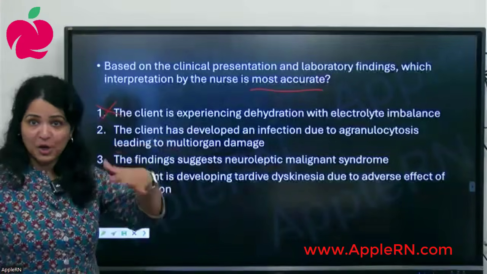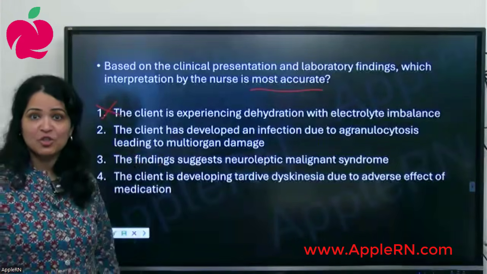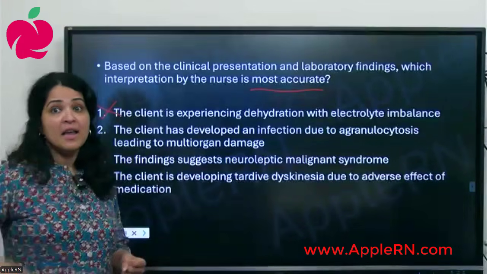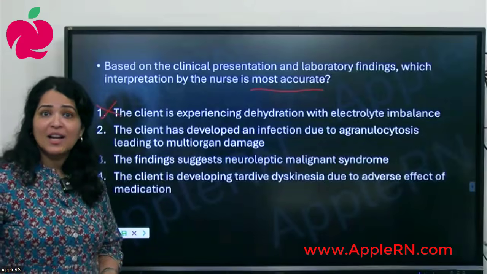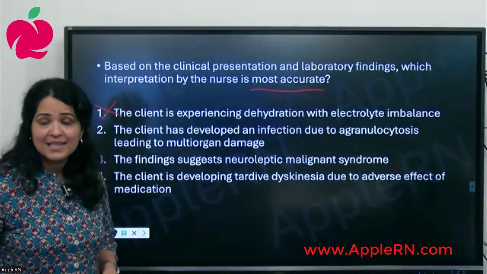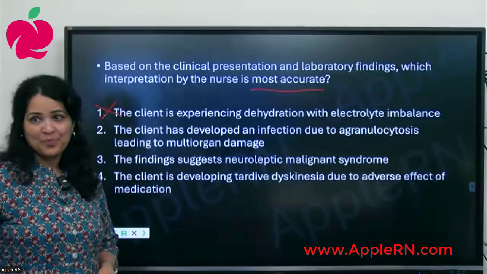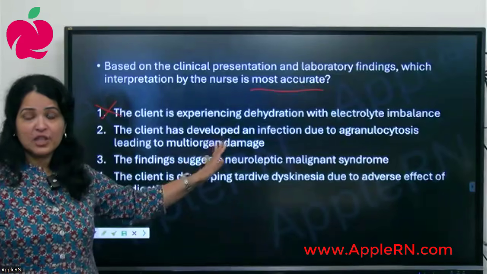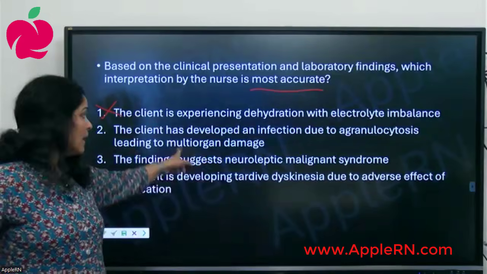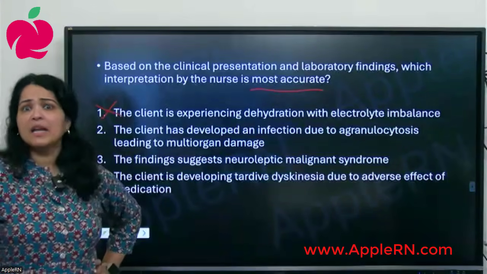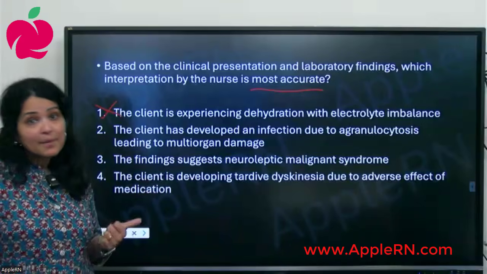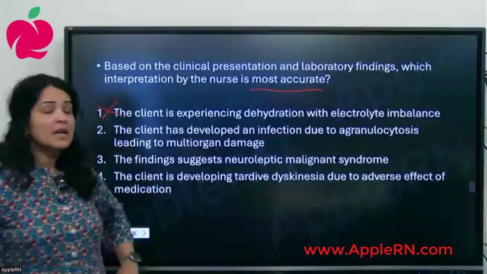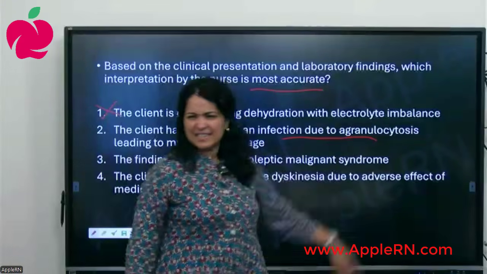It's like 11,500, not within the normal limit, a little bit towards high. So do you think it's an infection from agranulocytosis? No. And not only that, if it is an infection, it doesn't explain the other things. Multi-organ damage, maybe, because liver enzymes are elevated, kidneys are elevated. So that could be there, but this doesn't make sense that much.